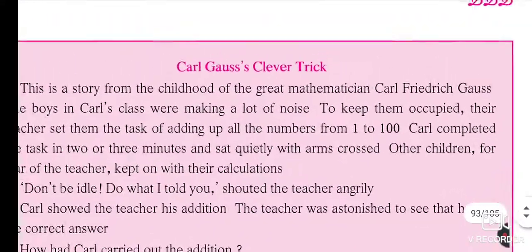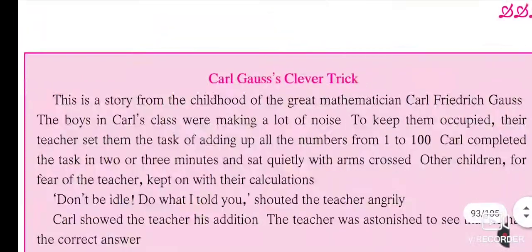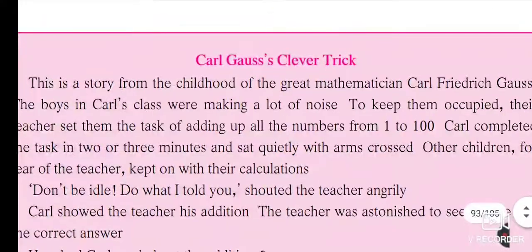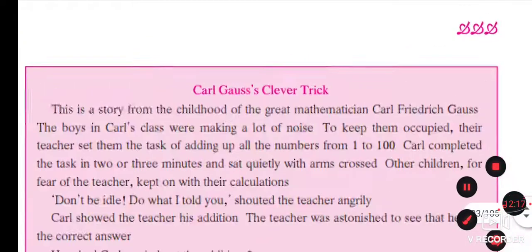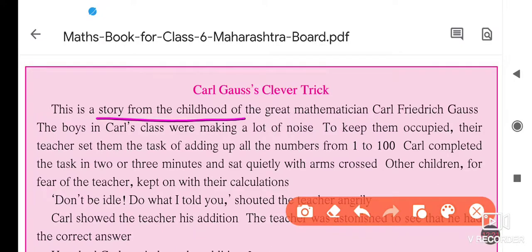Here one clever trick of Carl Gauss is given, and he was actually a very smart mathematician. So let us discuss what is given here. This is a story from the childhood of the great mathematician Carl Friedrich Gauss. The boys in Carl Gauss's class were making a lot of noise, the same way you people make noise in the class when teachers are not there.